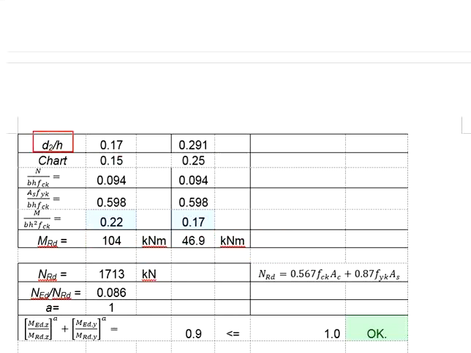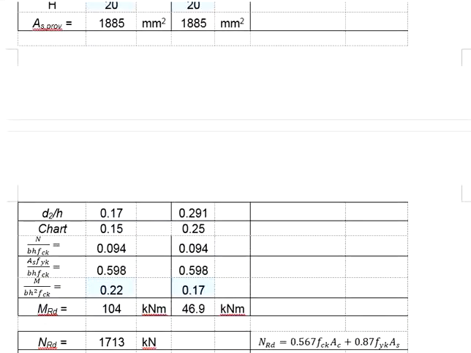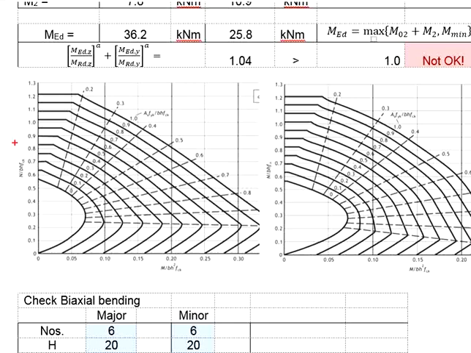Based on the d2 per h ratio, which we have calculated previously, for the major axis we are referring to the d2 per h ratio of 0.15, whereas for the minor axis we are referring to the ratio of 0.25. For the y-axis of the chart, we need to work out the number for N per bh fck. No change to the dimensions; they remain the same.